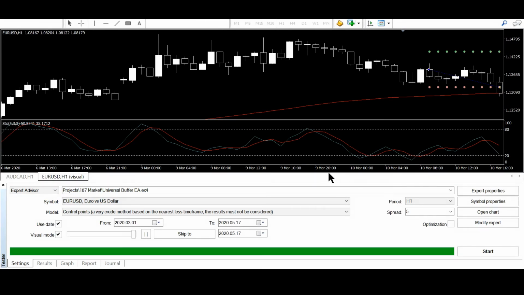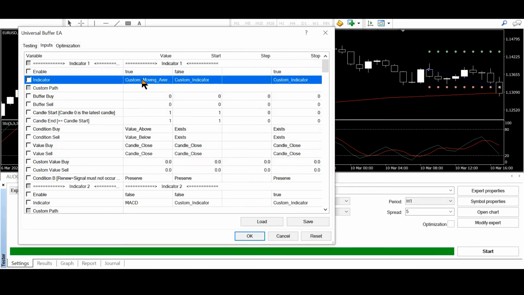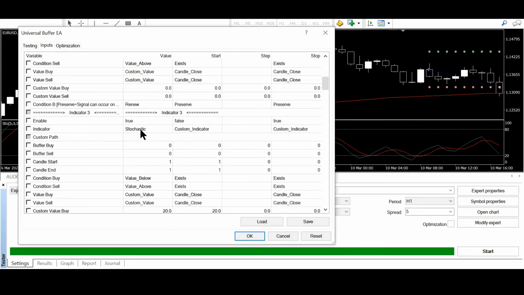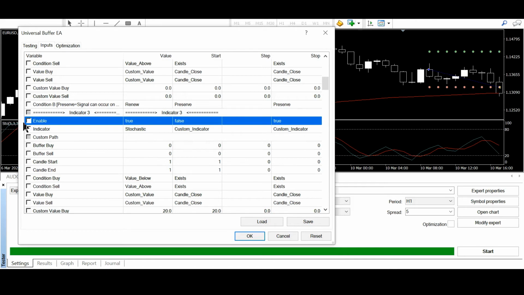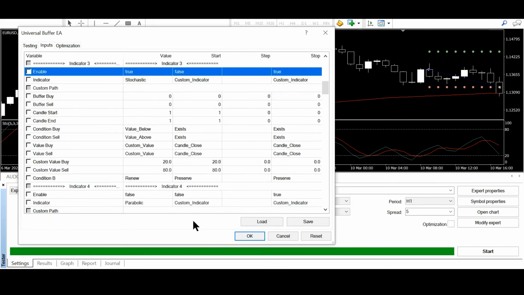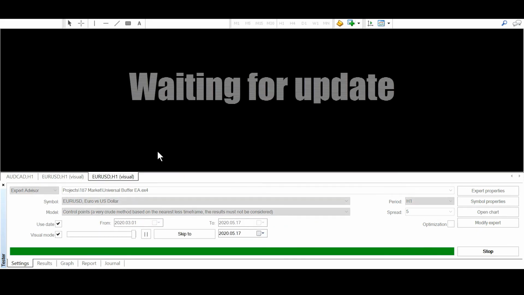Okay, we want to combine now two indicators. We want to select the custom moving average, and we also want to select the stochastic indicator, so we enable it here. And now let's press OK and let's test it.